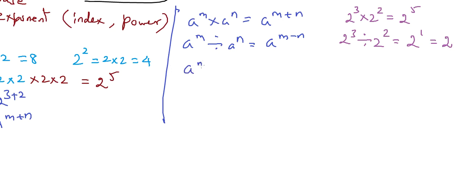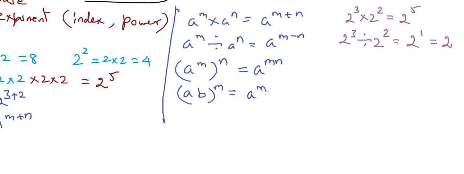And a power m whole power n is equal to a power mn. Mn is what? m into n. And a into b whole power m is a power m into b power m.